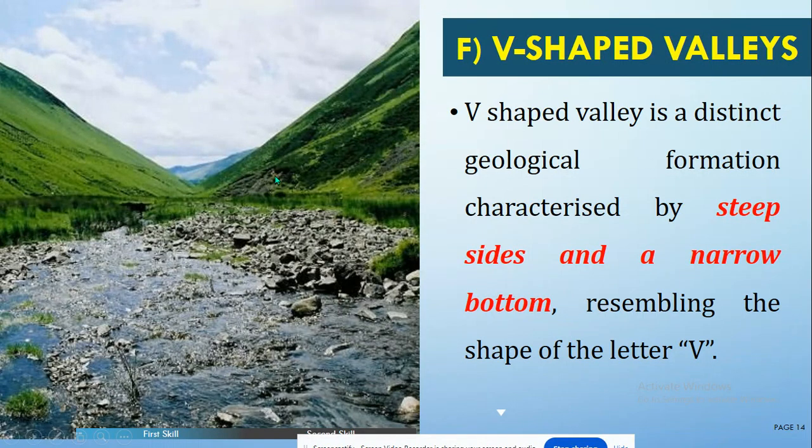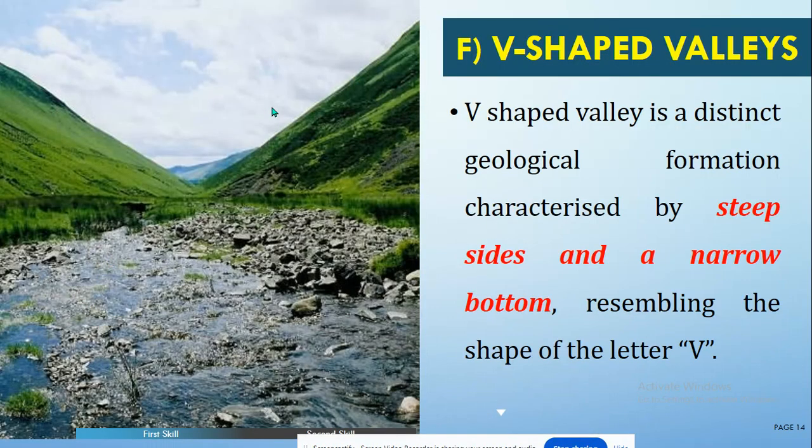It's shaped like a V. Now, if you check from here and there, we can see that it's V-shaped. This is due to erosion done by this river crossing between these two mountains or hills. This is a V-shaped valley.